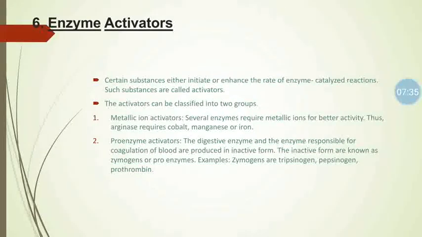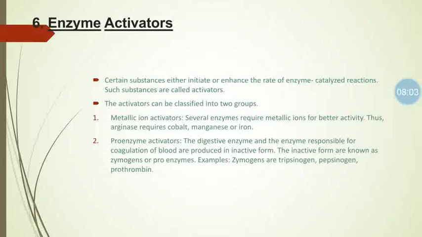In metallic ion activators, several enzymes require metallic ions for better activity. Thus, arginase requires cobalt, manganese or iron. Then proenzyme activators: the digestive enzymes and the enzymes responsible for coagulation of blood are produced in inactive form.